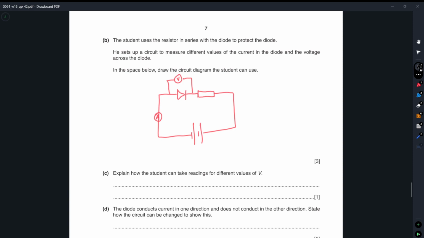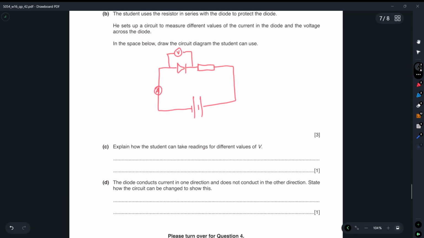So you need to measure different values of current in the diode and the voltage across the diode. Explain how the student can take readings for different values of V. So use batteries with different cells.